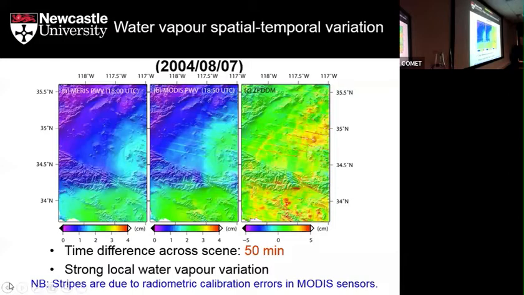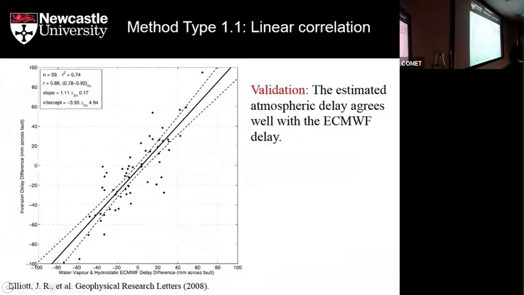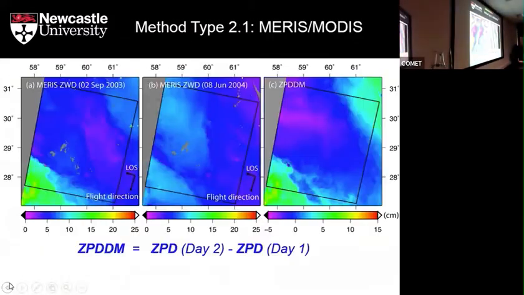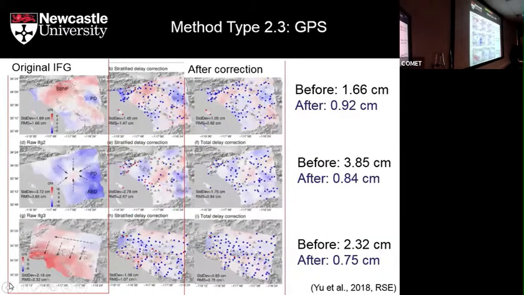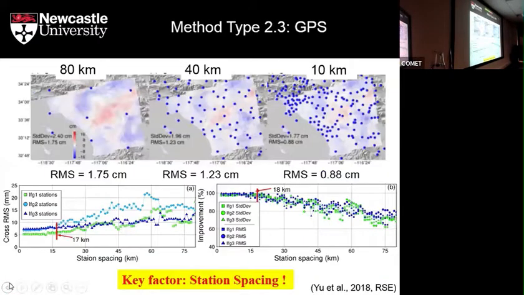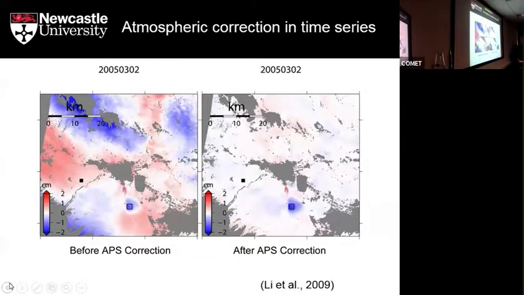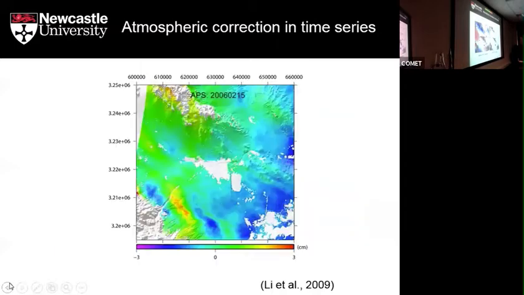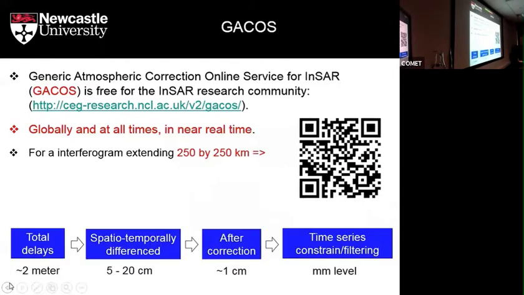Because by differencing in time and in space, most of the dry component will be cancelled. So the magnitude of the atmospheric delay will become smaller than the absolute value. After spatial temporal differencing, most of the dry component, and some of the wet component, may be cancelled. Spatial temporal difference means that we compute the difference between different pixels.